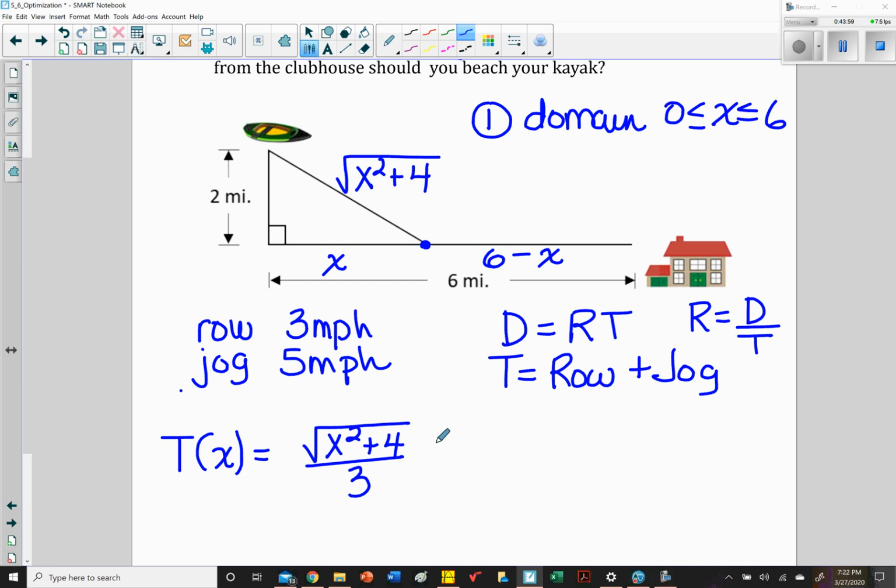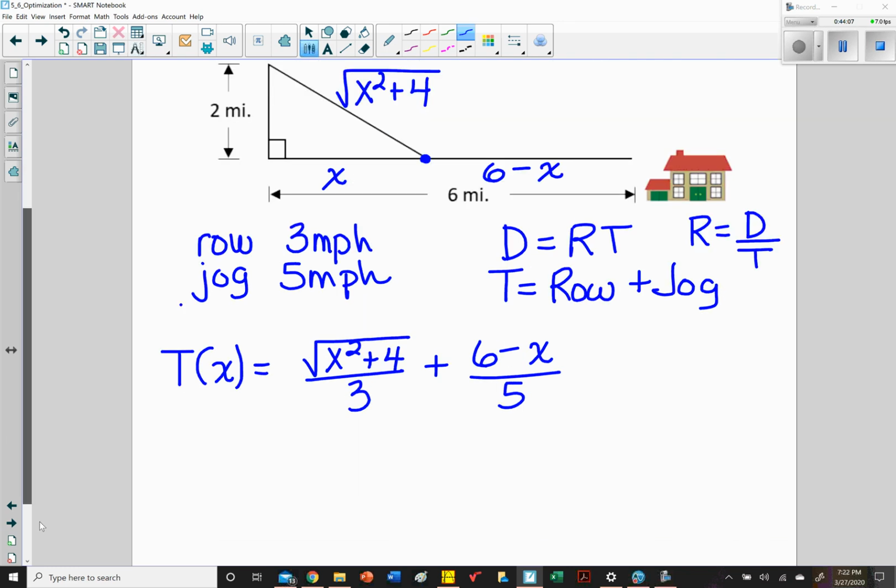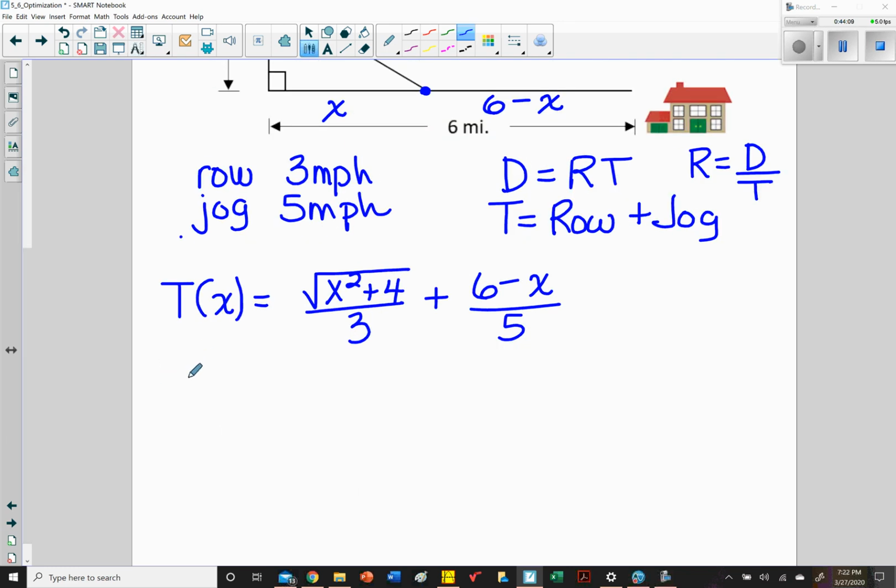And our jogging is distance over jogging time. And putting that all together, we're going to take a derivative. So the derivative in terms of X is 2x over 6 square roots of x squared plus 4.